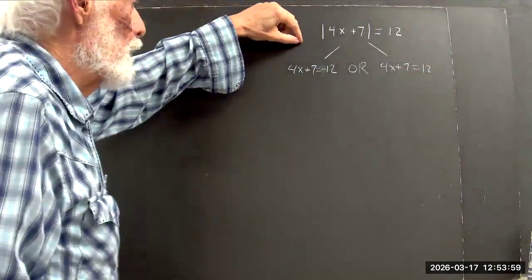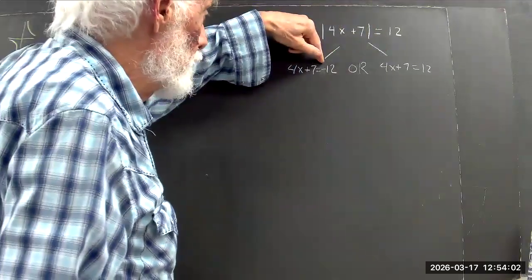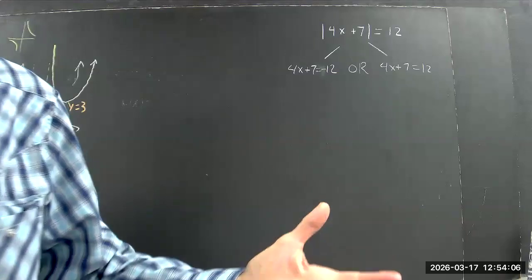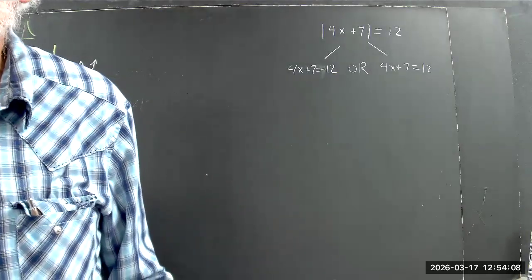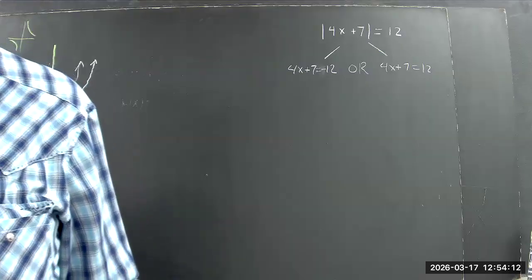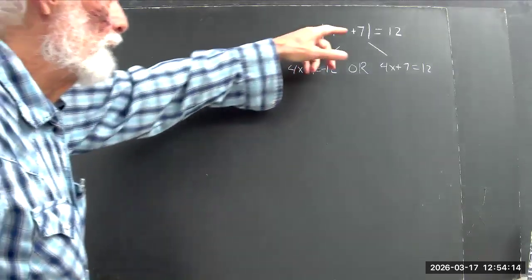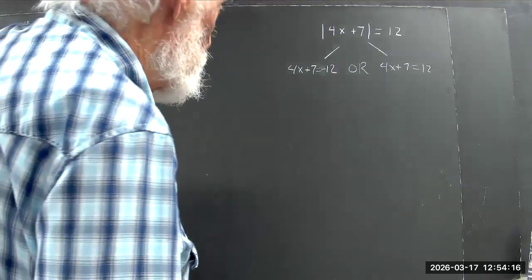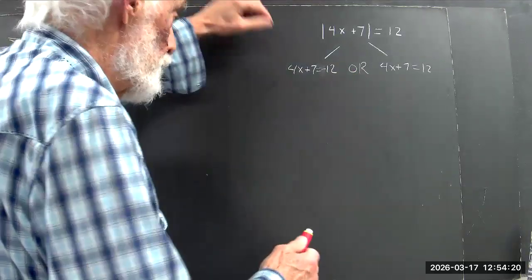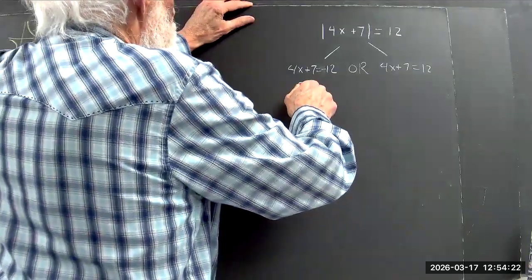So again, 4x plus 7 equals negative 12, or 4x plus 7 equals 12. That's all you got to do to start an absolute value equation. And then the rest is hopefully easy. Now, it depends on what you have under the absolute value signs.